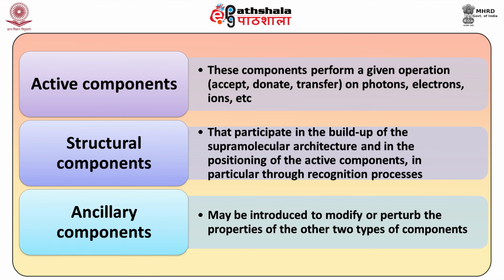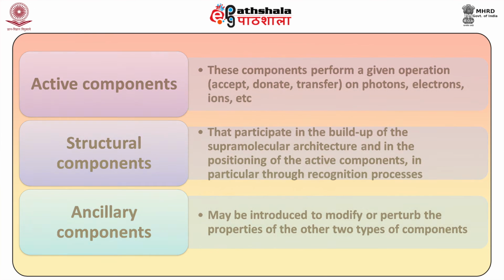These components participate in the build-up of the supramolecular architecture and in the positioning of the active components, in particular through recognition processes. In addition, ancillary components may be introduced in order to modify or perturb the properties of the other two types of components, that is the active components and the structural components.